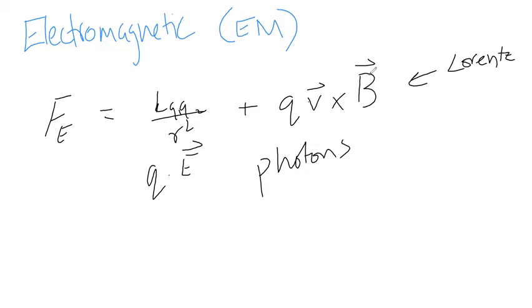As in, the cross just means it's being multiplied by a perpendicular magnetic field.